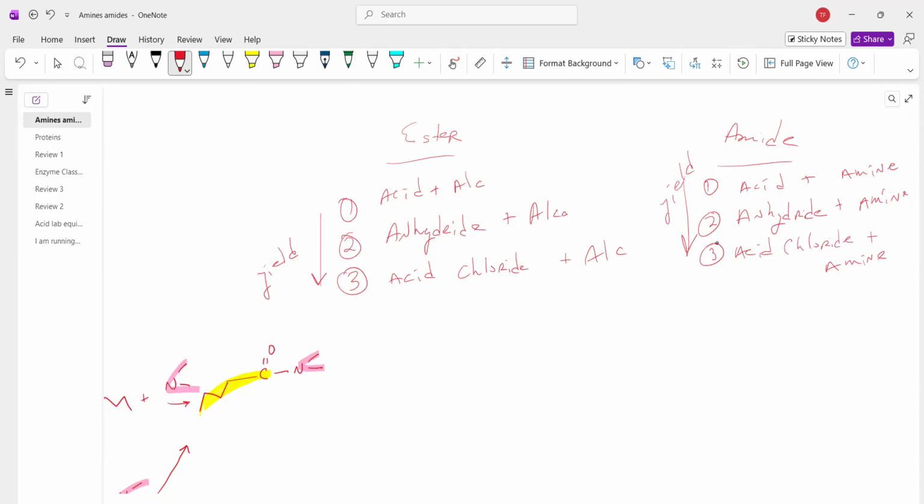The problem with the acid and the amine, though, is the reaction is so slow to the point where it's not even a doable thing. So we don't even think about that. So we're left with the two other ways, the anhydride and the acid chloride, plus the amine to make the amide.